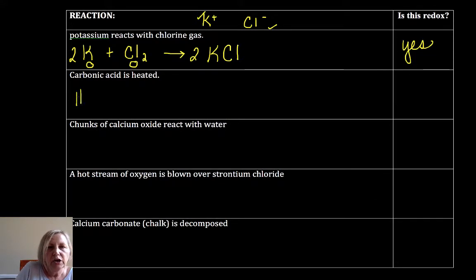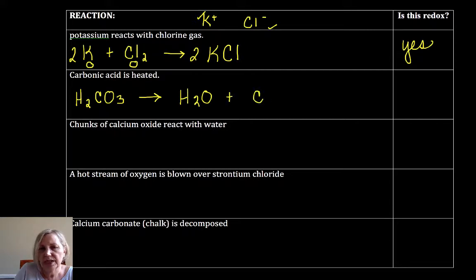Okay? Carbonic acid, H2CO3, is heated. And carbonates go to H2O and CO2. That's what happens with soda pop. And that would be a gas. This would be a liquid. That's aqueous. That's what happens when soda pop is opened up.